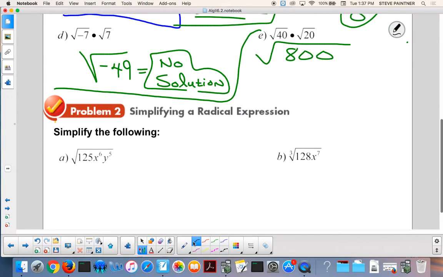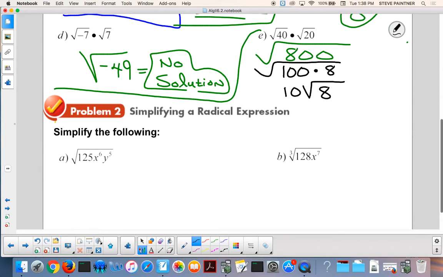How many times? 8 times. Square root of 100 times 8. What's the square root of 100? 10, times the square root of 8. Is 8 simplified?